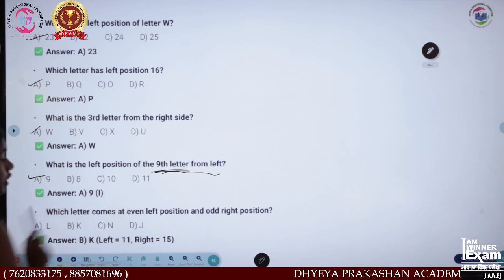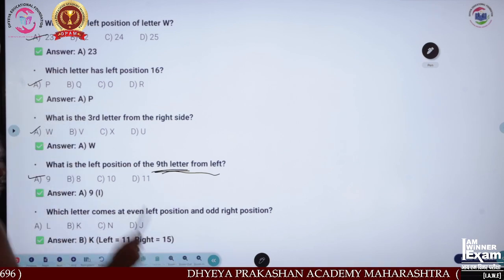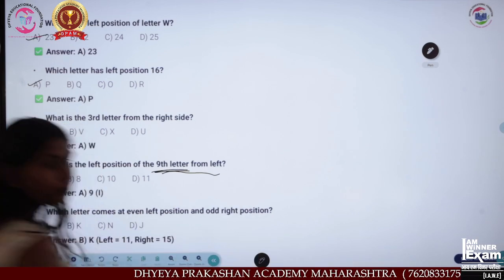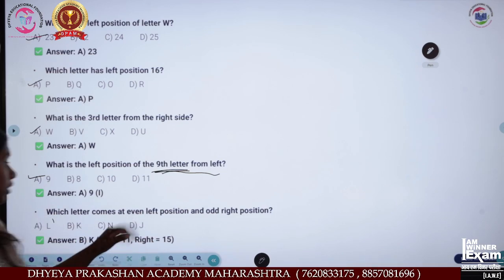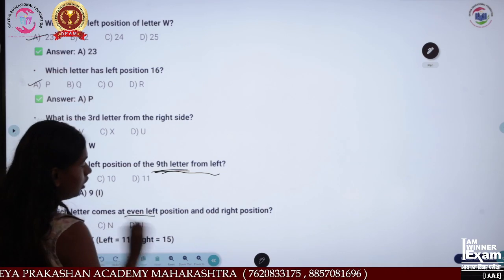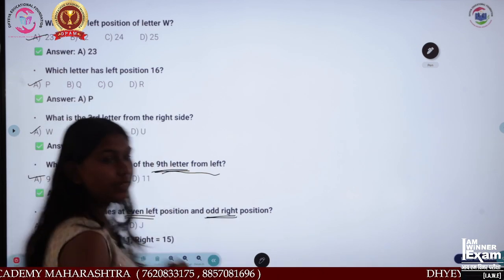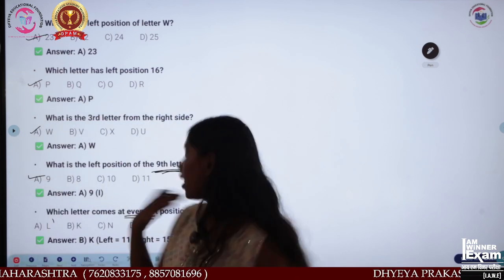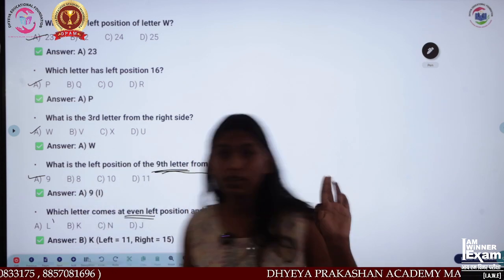Then, which letter comes at even left and odd right? Which letter comes at the even left position and odd right position? It means the letter which has an even number on the left hand side and an odd number on the right hand side.